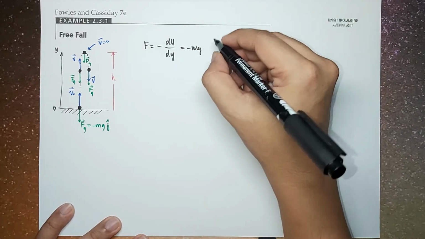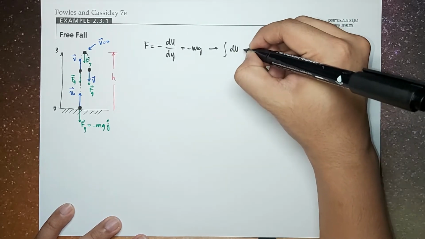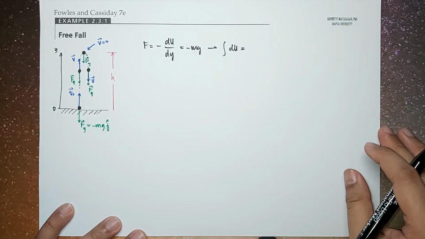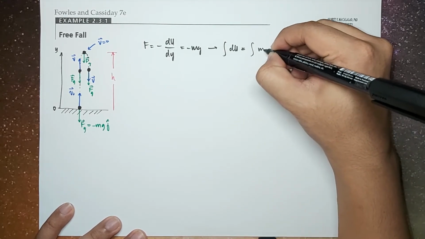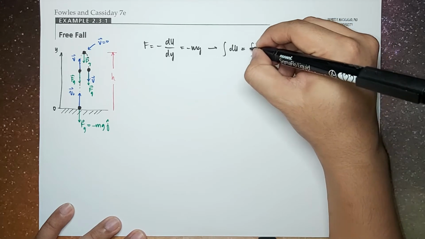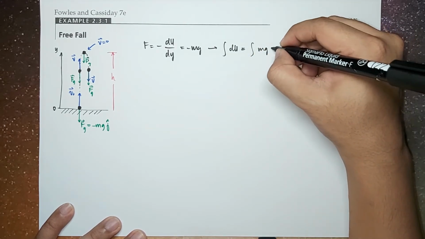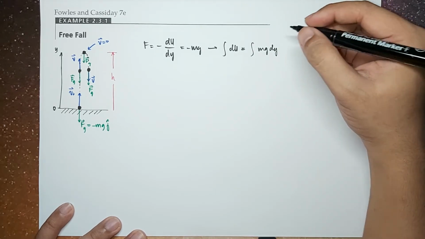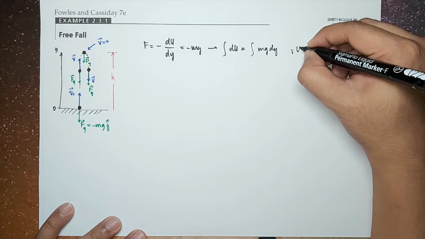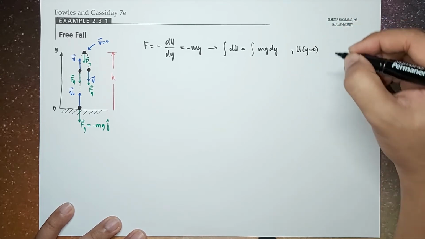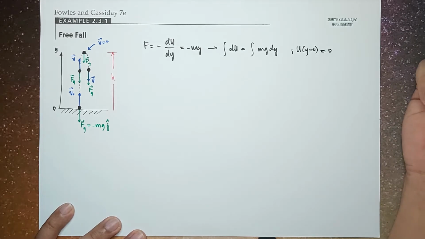So we can solve this differential equation. This becomes the integral of dU equals the integral of negative mg dy. Let's say arbitrarily that the potential energy at the ground is equal to 0.